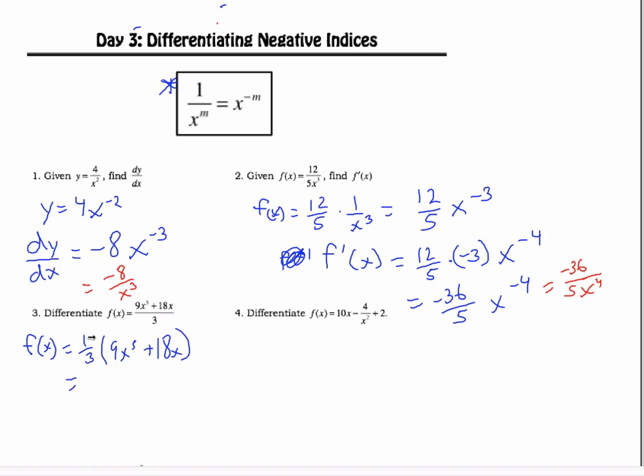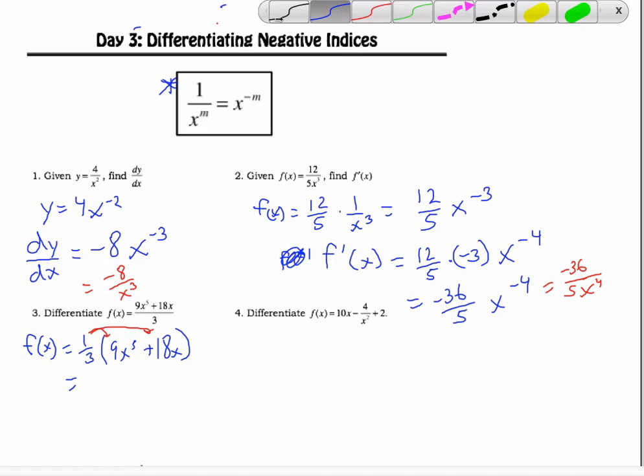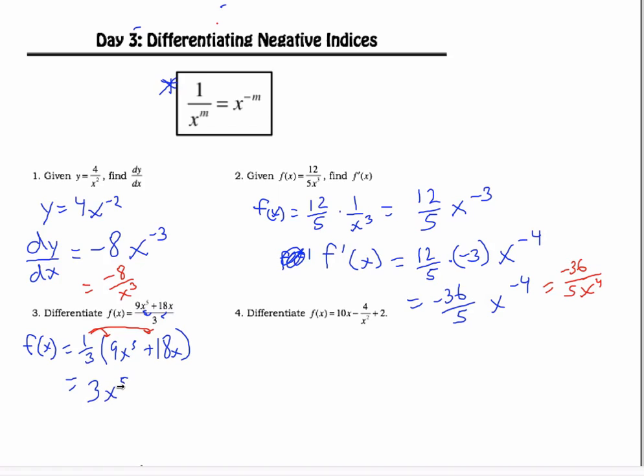You can use the distributive property and multiply these both by a third, or straight from the beginning you could divide them both by 3. But it's important to remember that you do it to both terms in the numerator. So a third of 9 is 3, so we have 3x to the power of 5, plus a third of 18 is 6.